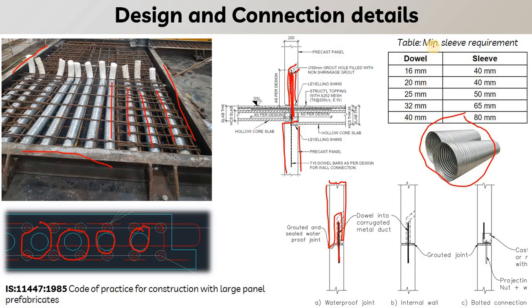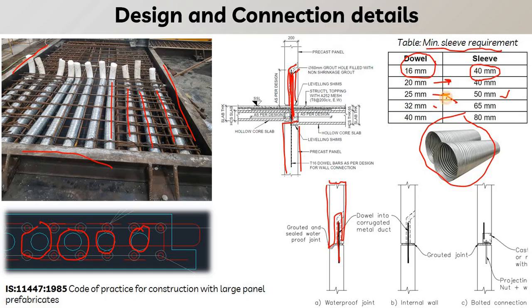There is a thumb rule for the minimum diameter of the sleeve. If the receiving bar from below is 16 mm, the dowel tube diameter should be 40 mm. Similarly, if the receiving bar is 20 mm, the sleeve diameter should be 40 mm. If it is a 25 mm rebar, it should be a 50 mm dowel tube.